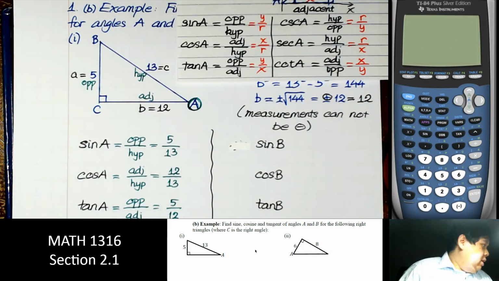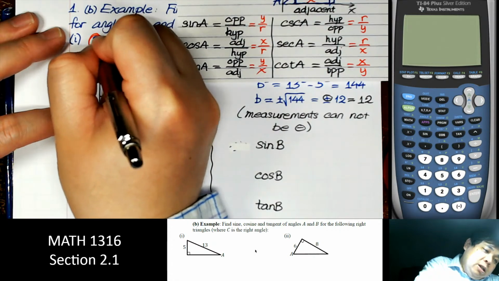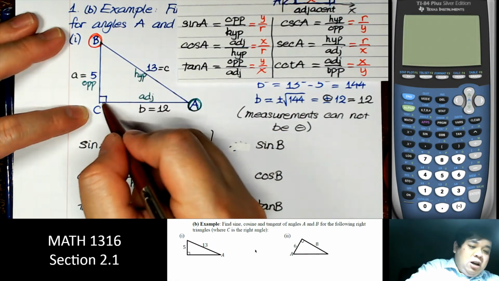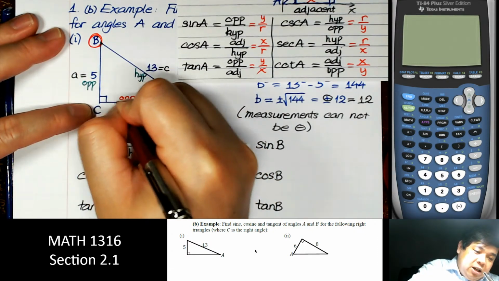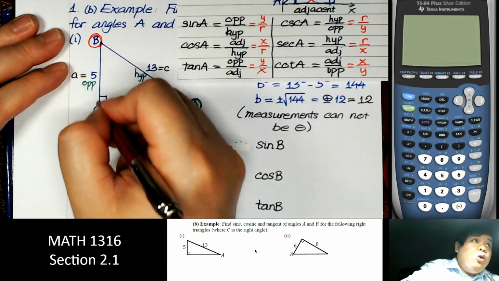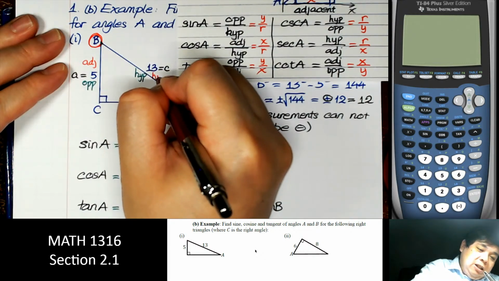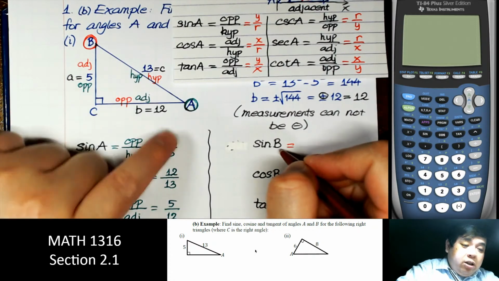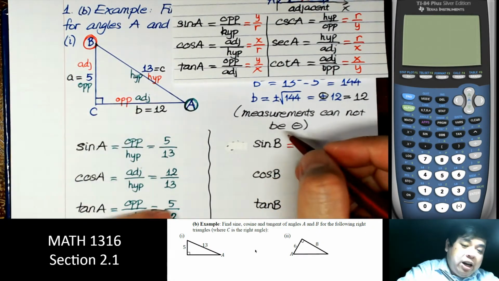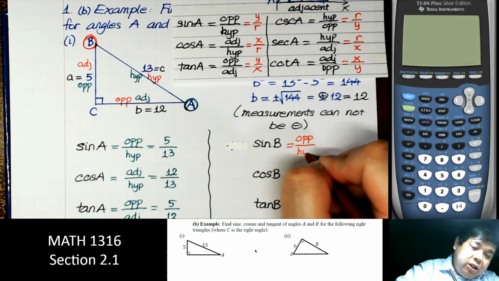Next, we do sine, cosine, and tangent for angle B. Now, with respect to angle B, this side is opposite to it, and then adjacent to angle B is this side. Hypotenuse is still c. So it depends on what angle we're talking about. We have opposite to that angle and then adjacent to that angle. Sine is opposite over hypotenuse.